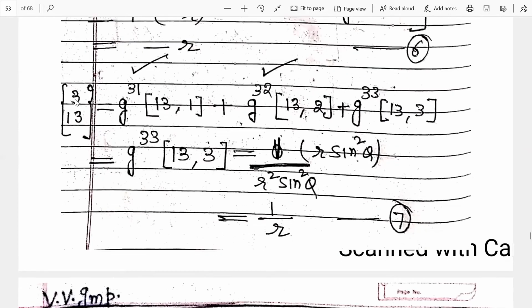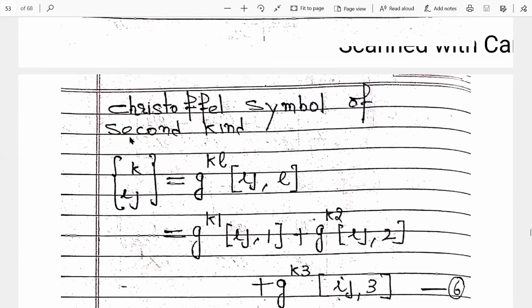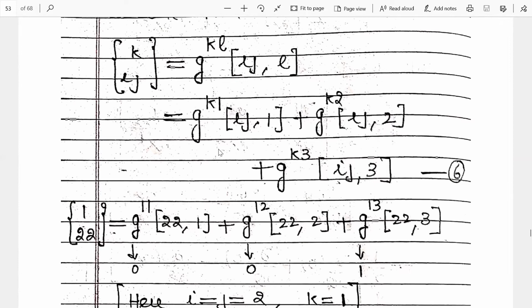Similarly, in the case of Γ^3_13, now i is 1, j is equal to 3, and k is equal to 3. So again, we substitute the values in this equation. Here i equal to 1, and the values of j and k in this equation. So it is a sum of 3 terms, right?